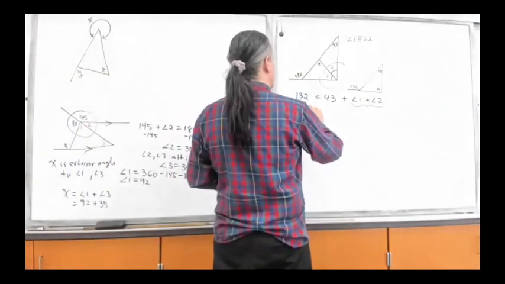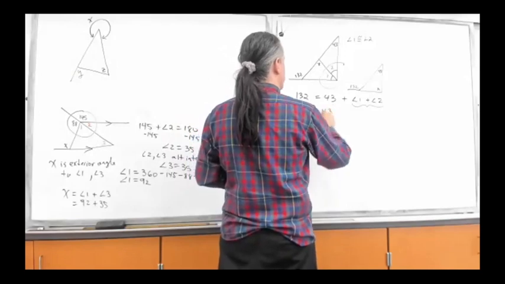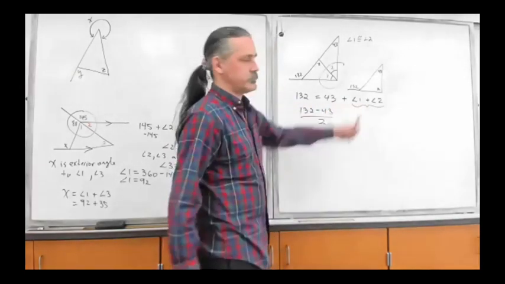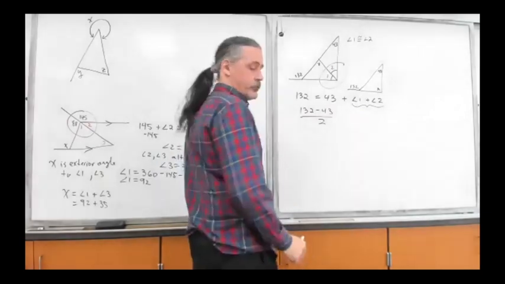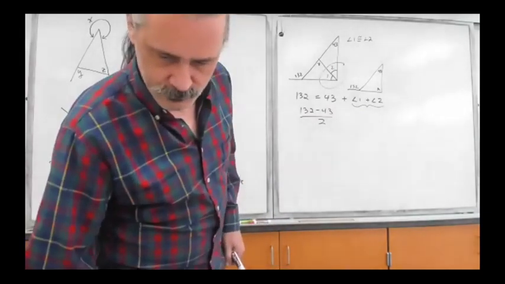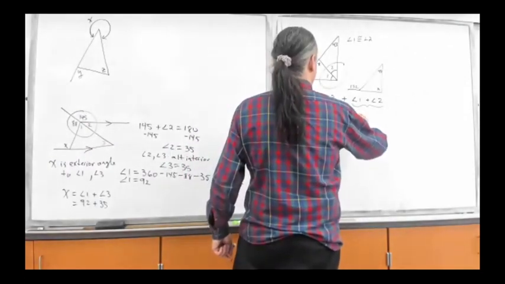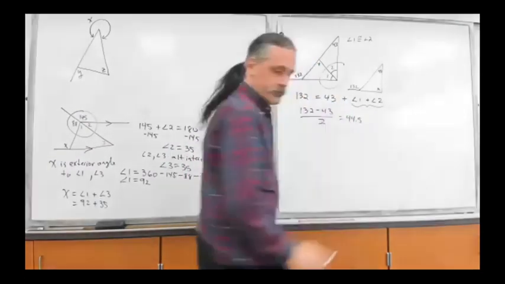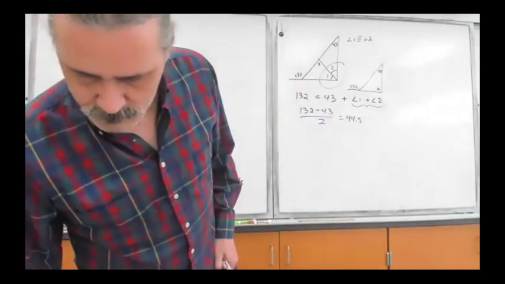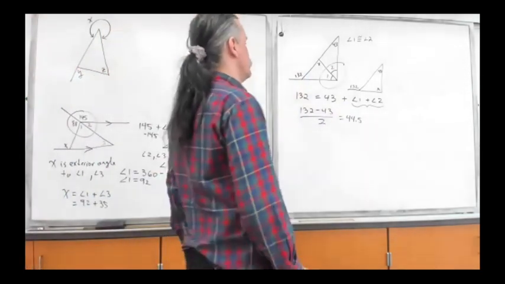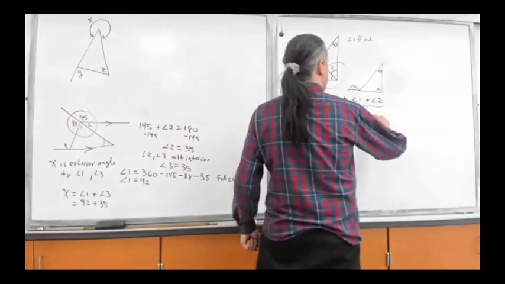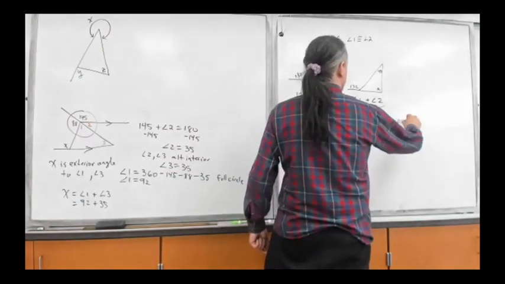Okay, so then we subtract 43 and then divide by 2, since those are both the same. Okay, and when you do that, you wind up getting a decimal, which is 44.5. Let me double check. Yeah. Okay, so that's what equals angle 1 and angle 2.